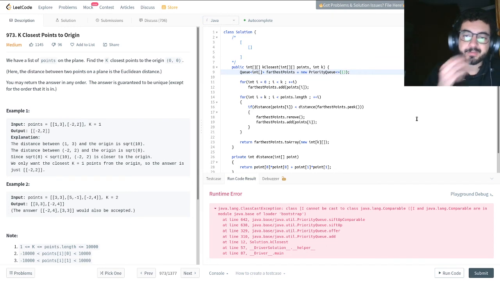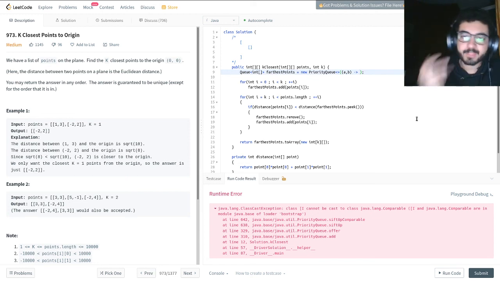So what I can do is just say a and b, where a and b, each of them is an int array. Okay, so we would just need the larger distance.